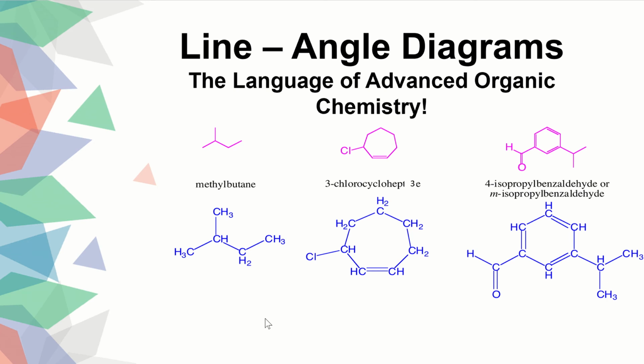All right, so the next thing that we're going to look at is line angle diagrams, which are the language of advanced organic chemistry. And clearly, you are all advanced organic chemists, seeing that you're doing a level 2 chemistry course. So we see here that we have the condensed version of the structures in blue, and then we have the line angle diagrams above them.